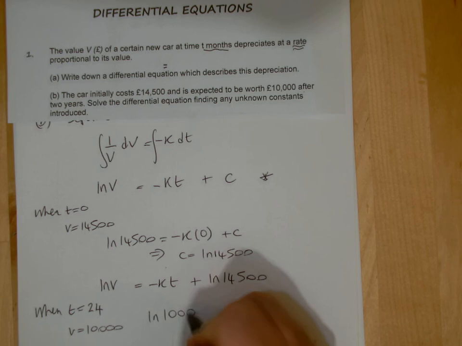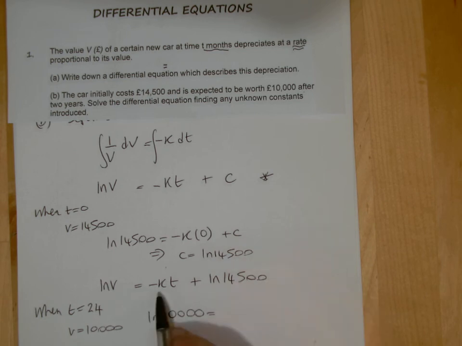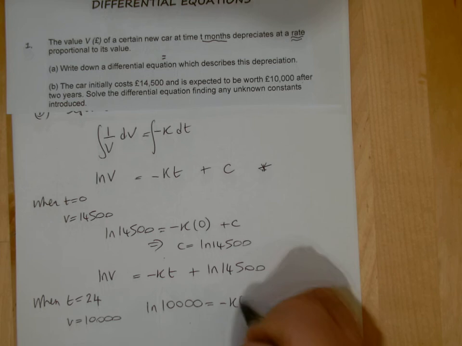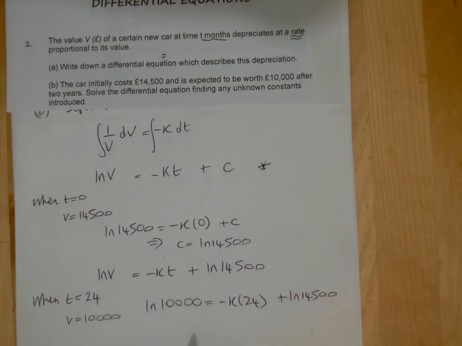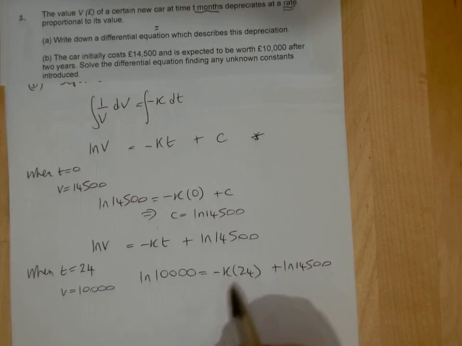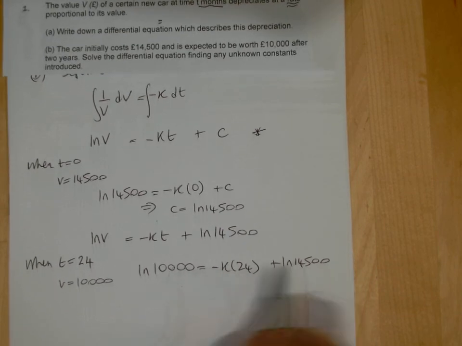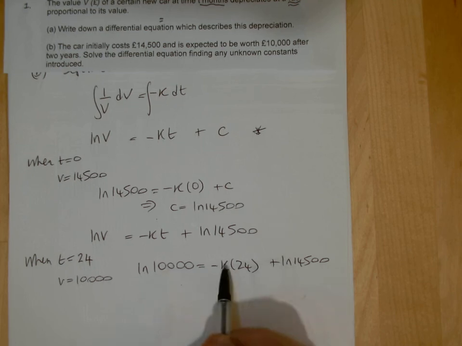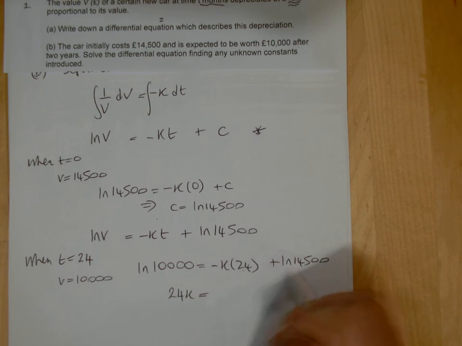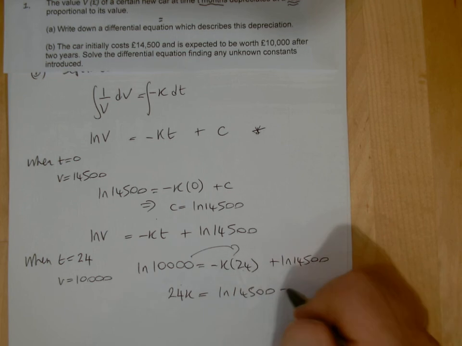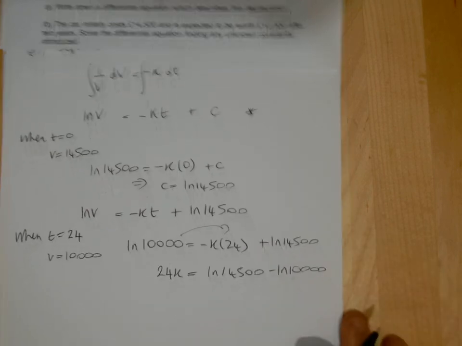So ln 10,000 will equal, putting it in here now, minus k times 24 plus ln 14,500. What I can do then is get these logarithms together, and put this over this side. So I've got minus k times 24, which is minus 24k, take it over, so that'll be 24k equals ln 14,500, and take that ln 10,000 over, and I have that.